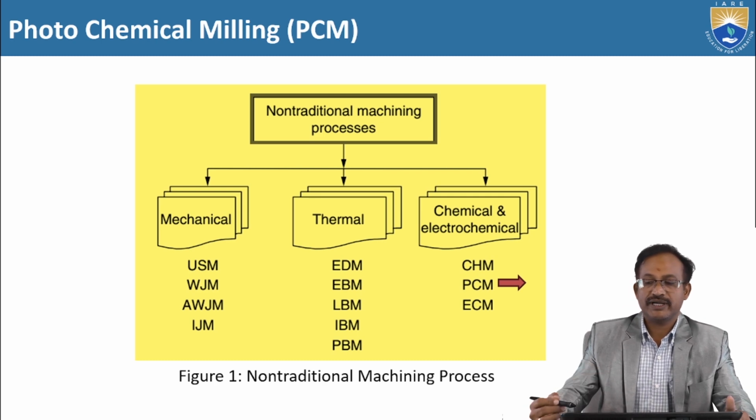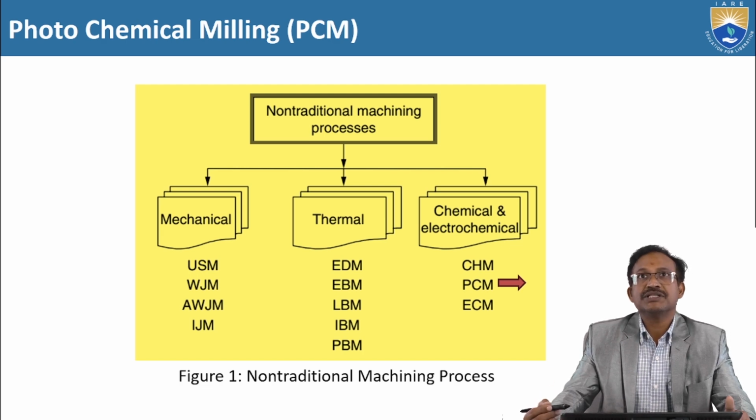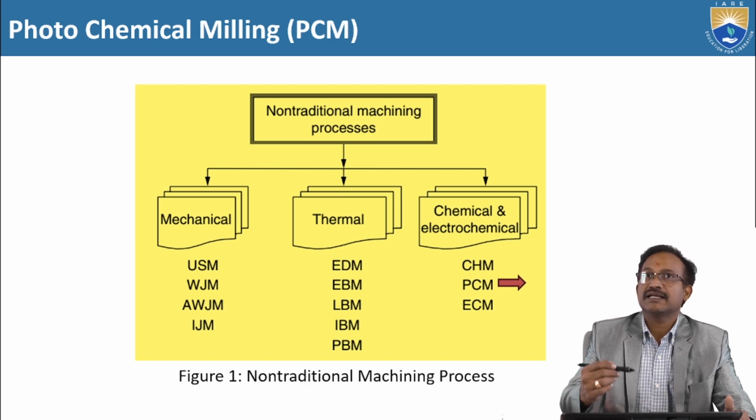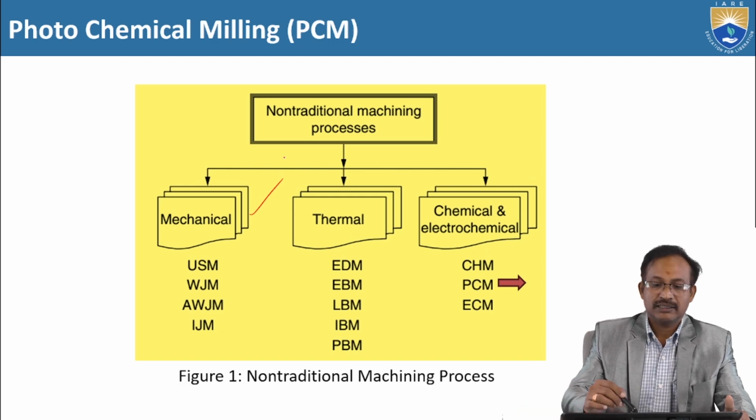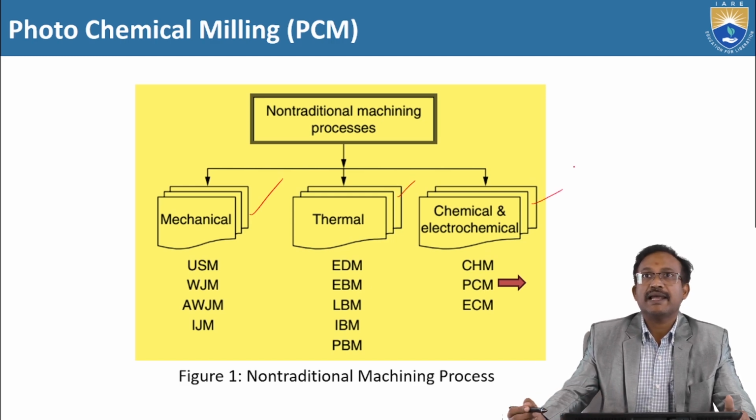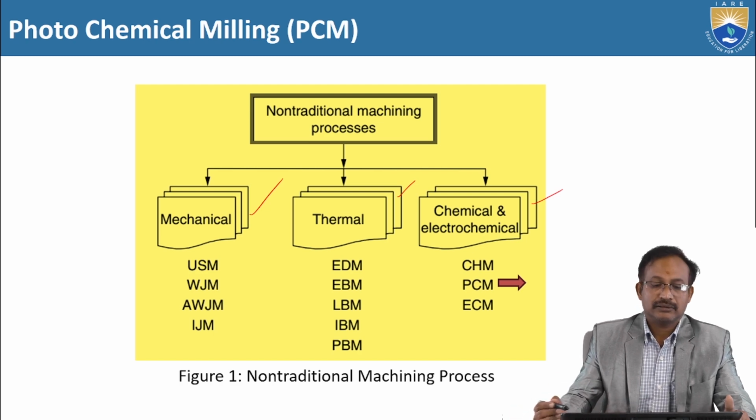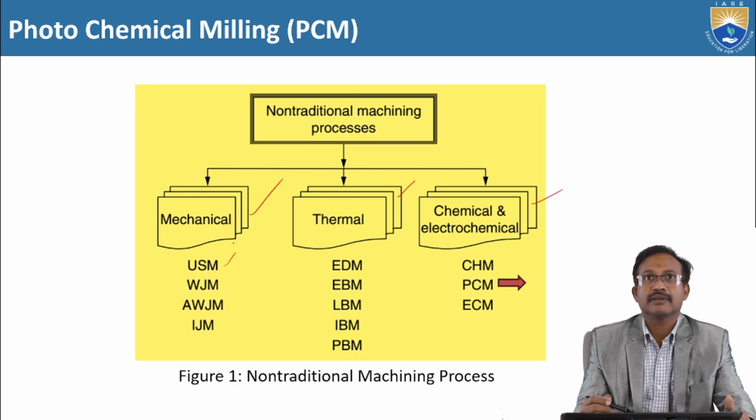Before we discuss photochemical milling, let us discuss non-traditional machining processes and how they have been classified: mechanical, thermal, chemical and electrochemical. Under mechanical: ultrasonic machining, water jet machining, abrasive water jet machining, ice jet machining.